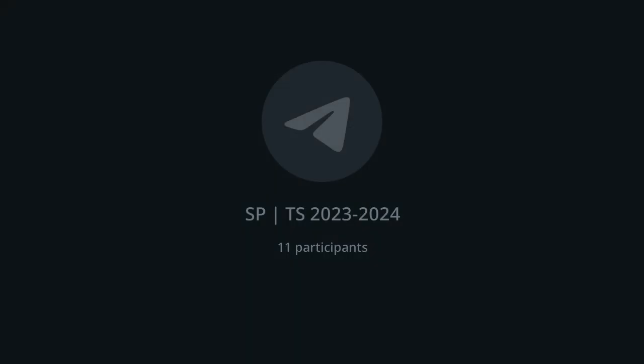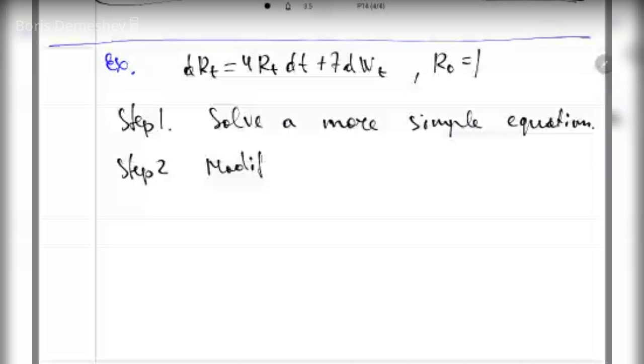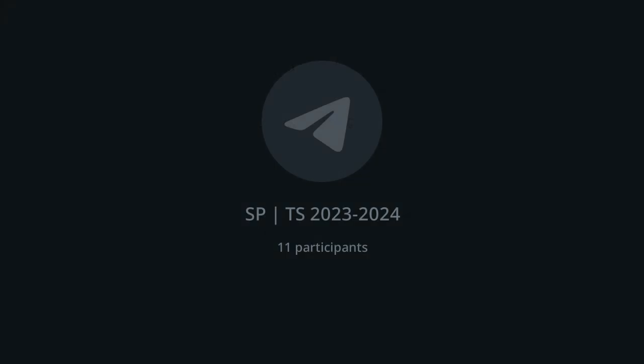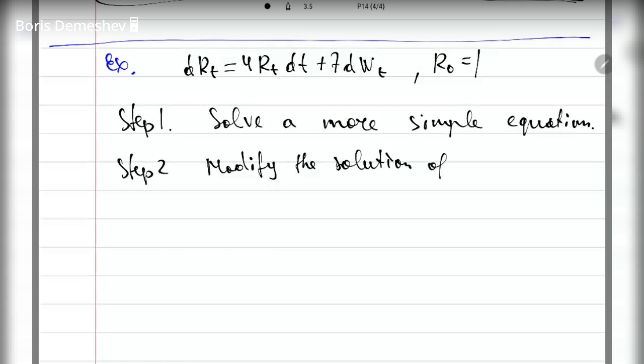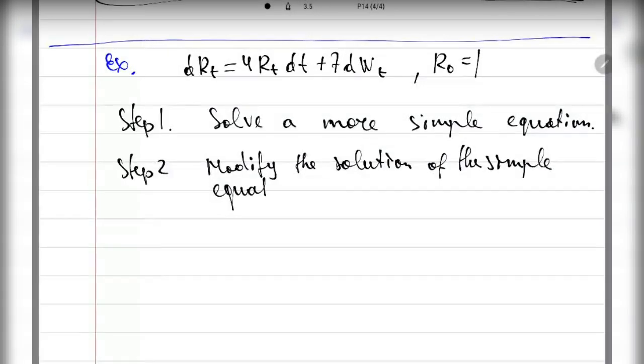And then modify the solution of the simple equation to obtain the solution of the original equation.